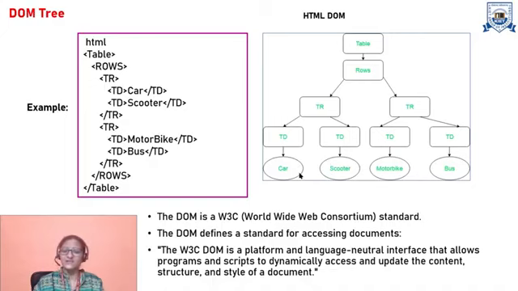How can we access it? If you want to access this tr, we move through the table, then rows, from there to here, and we can access a particular element. So DOM defines a standard for accessing documents. The W3C DOM is a platform and language neutral interface that allows programs and scripts to dynamically access and update the content, structure and style of the document.